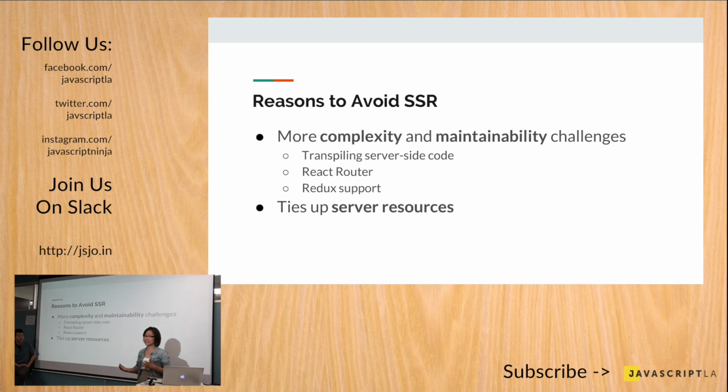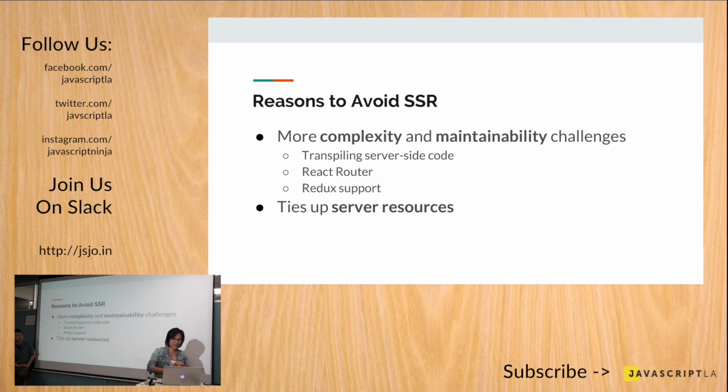So, for example, if you've got JSX on your server-side code as well as your client-side code, now you're looking at 2 build processes, one for the front end and one for the back end. If you're using React Router, you may also have to have two separate routing systems working at once in tandem. And you're going to have to make sure that your client-side HTML and your server-side HTML, as you've written it in React, are lining up.